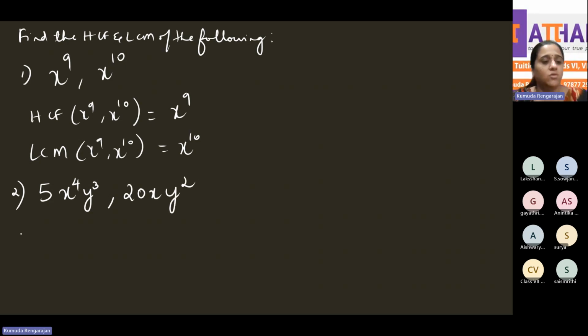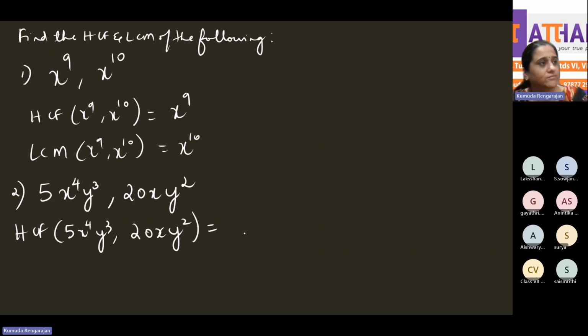All right. So what will be the HCF of 5x to the power 4 y cubed and 20xy squared? What is the HCF of 5 and 20? 5. The highest common factor. HCF of 5 and 20 is 5.